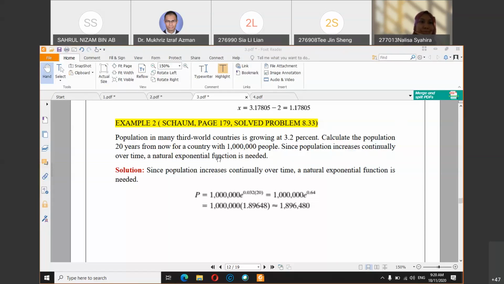You have 1 million people growing at 3.2%. After 20 years, you want to know what is the total population, given the growth rate is 3.2%.